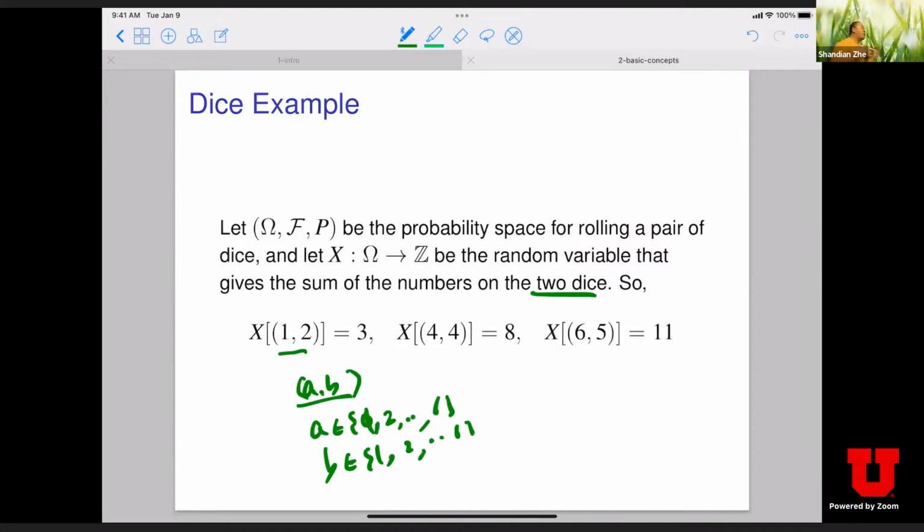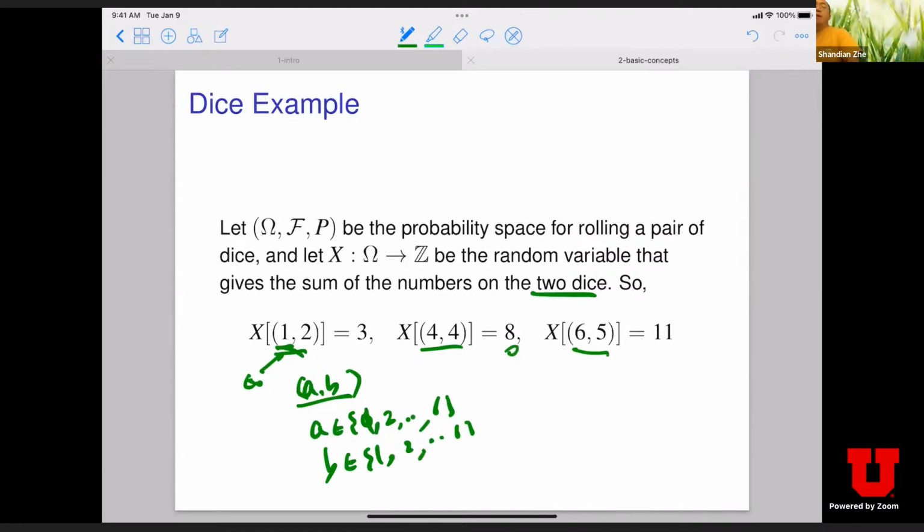So we can define a random variable which maps any sample to the summation of these two points. Say if you got a sample of the two dice where the points are 1 and 2, my random variable is defined as the summation of these two points, which is simply 3. If you got a sample which is 4, 4, so your two dice points are 4 and 4, then my random variable will map it to the value 8.